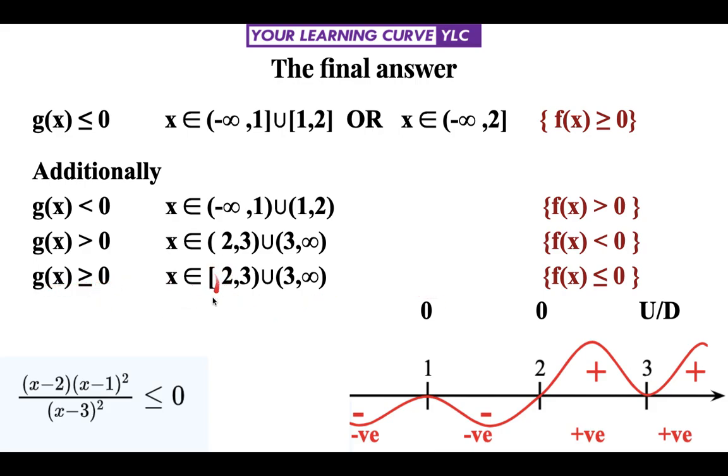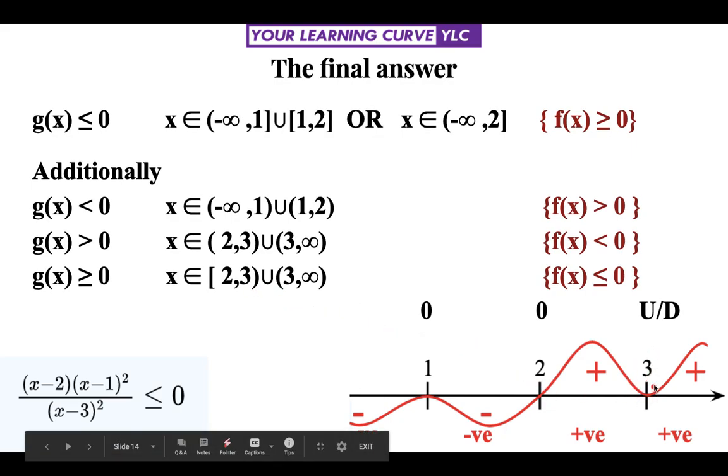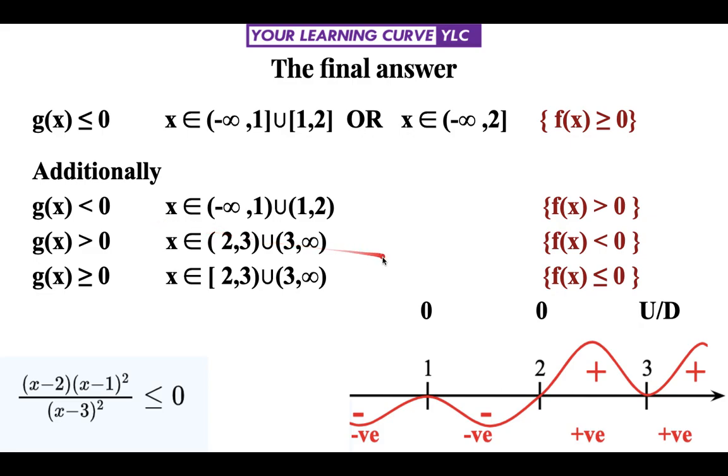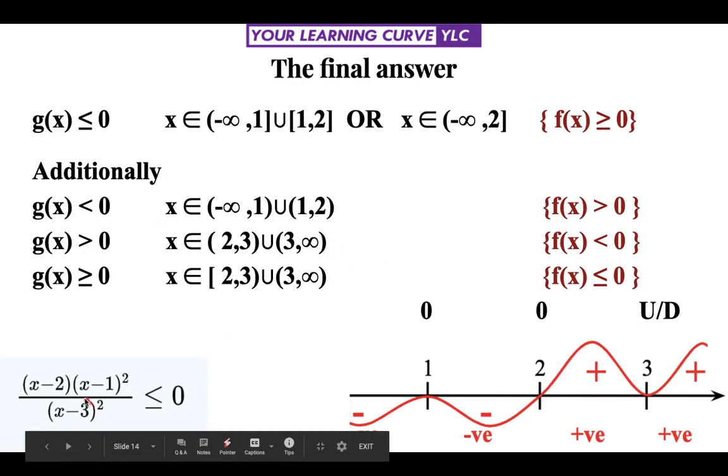So x belongs to closed interval 2 to 3. Now let's see 3. If we put 3 in the function, this makes the denominator 0, and if the denominator is 0, this value will go to infinity or rather is undefined. We don't know the value.